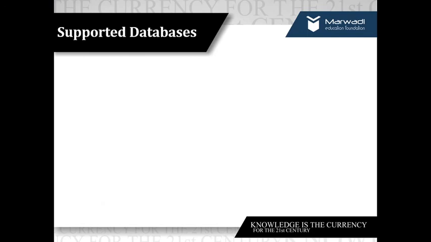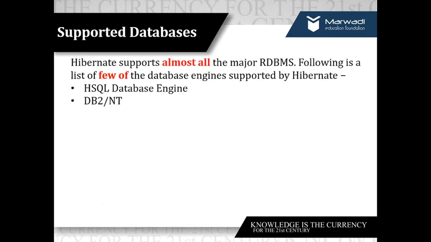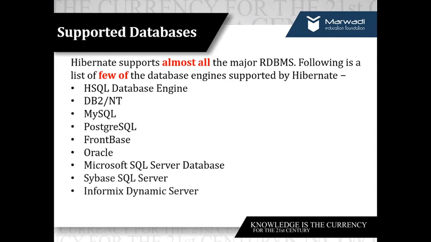So let's see what kind of databases are supported. Hibernate supports almost all of the databases, like DB2, MySQL, Postgres, Frontbase, Oracle, MS SQL Server, Sybase, Informix, and many more. So what you need to do is you just need to have a simple Hibernate jar file.